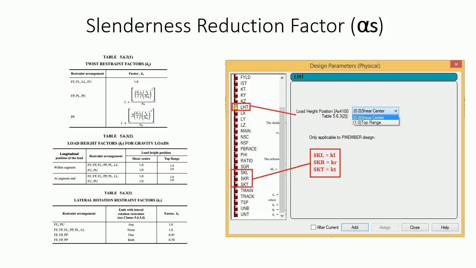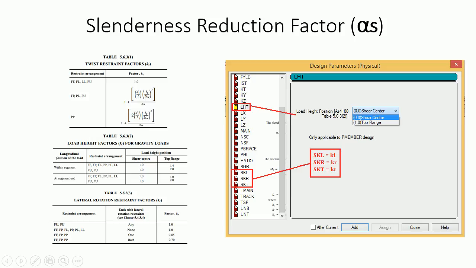Now these factors, as I've mentioned, are determined automatically by Staad.pro, but an engineer can override the automated calculation if he has any other reason, or if he has done some hand calculation, or if he has any other engineering discretion. So if you want to override those values, you need to use a few parameters defined under the design parameter of the AS4100 code implemented in Staad.pro.